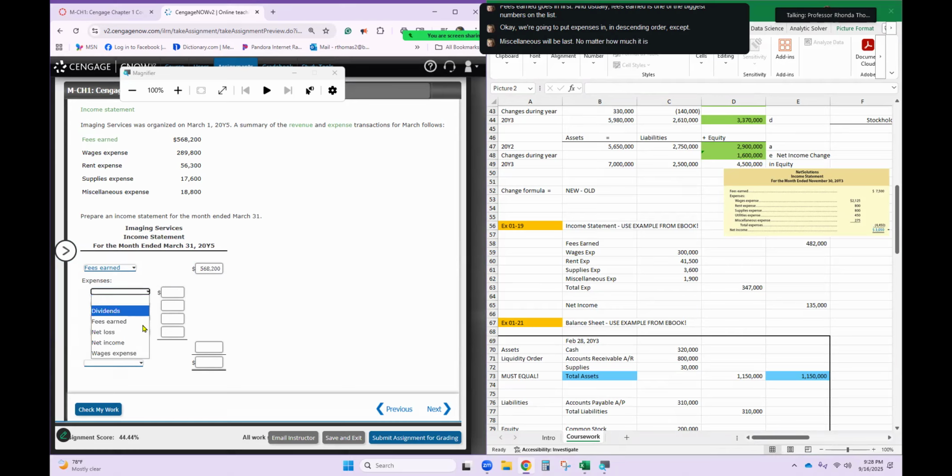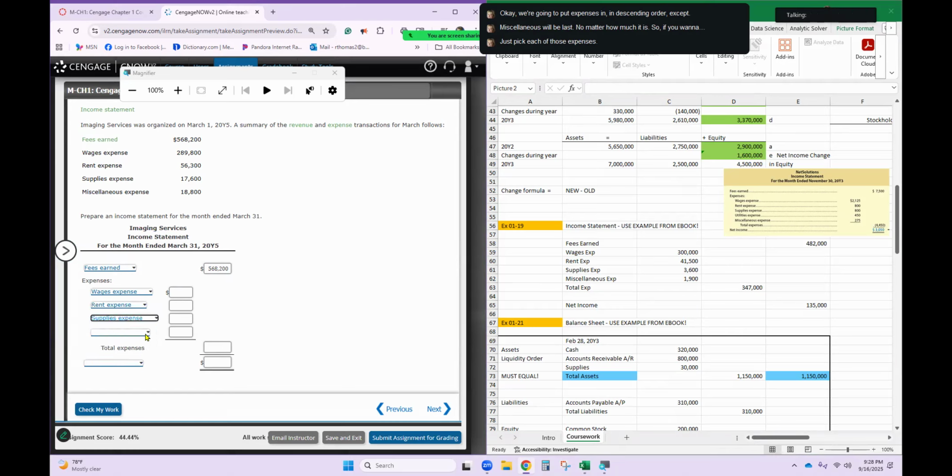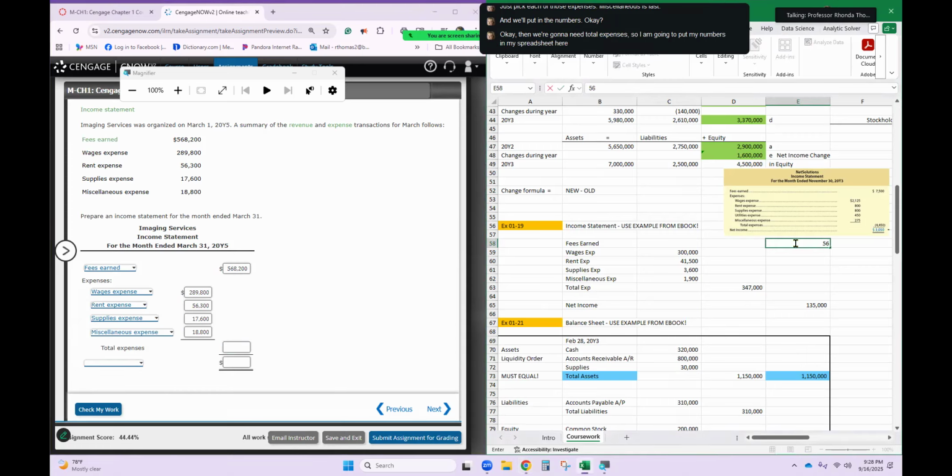So if you want to just pick each of those expenses, miscellaneous is last, and we'll put in the numbers. Okay, then we're going to need total expenses. So I am going to put my numbers in my spreadsheet here.